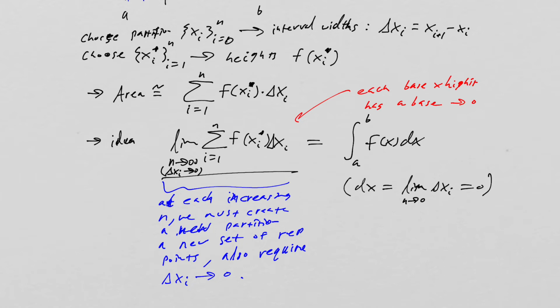All right, so again, this symbol, we need to make a qualification here that this is equal to some number. That, of course, is the area under the curve.